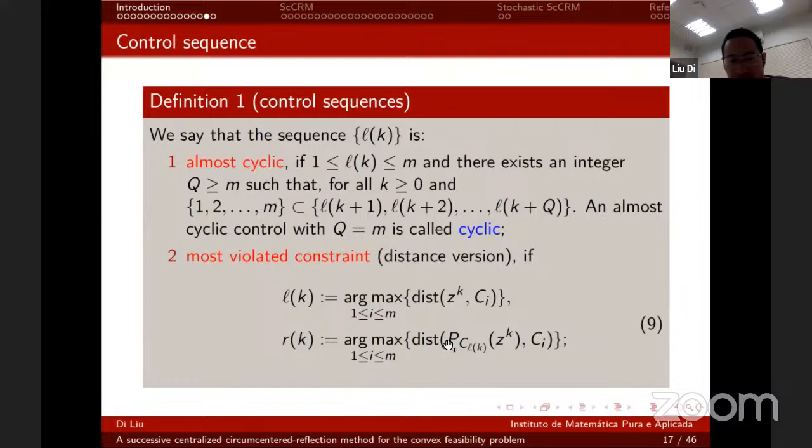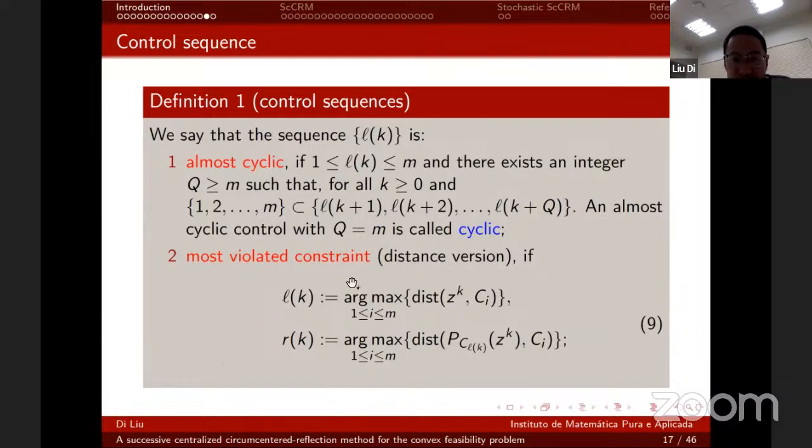We calculate the distances and choose the largest one as the second index R_k. So we have two indices, L_k and R_k, determined by the maximum of the distance. This is called the most violated constraints.